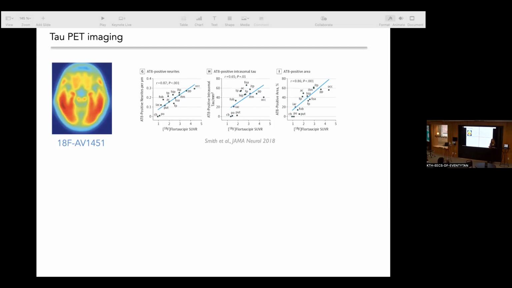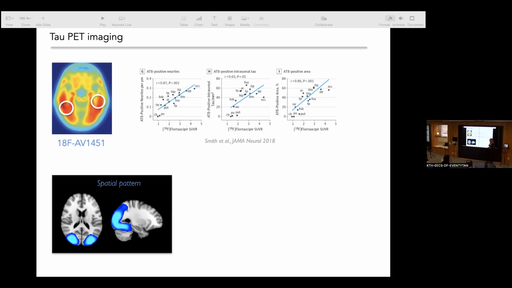There is increasing evidence suggesting that when you measure the tau signals from a tau PET image, for example in two different brain regions, these signals are not independent from each other. In fact, they are strongly correlated, forming what we call a spatial pattern or a covariance network that could look, for example, like this one.